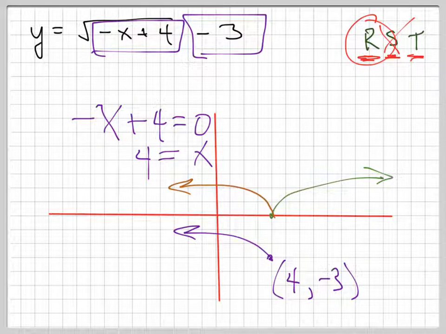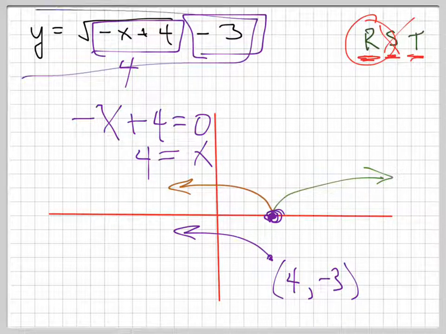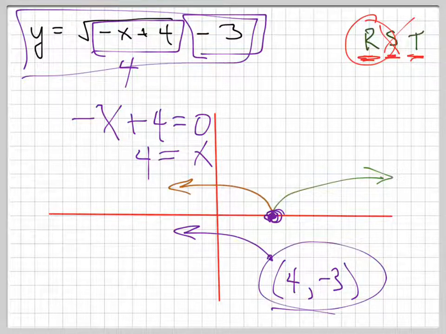So 4, comma, 4 is going to be my main point, my starting point. If I plug in 4 to this original equation, I'll get negative 3 as my answer. And so that helps me know one of the points that is on my graph.